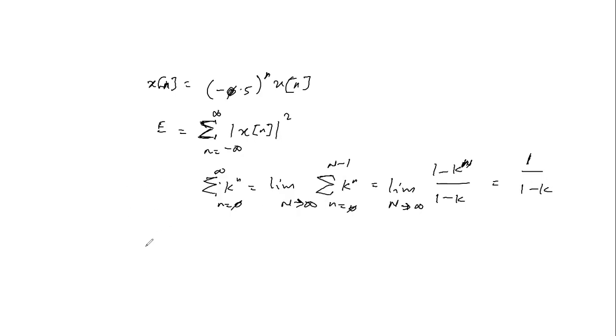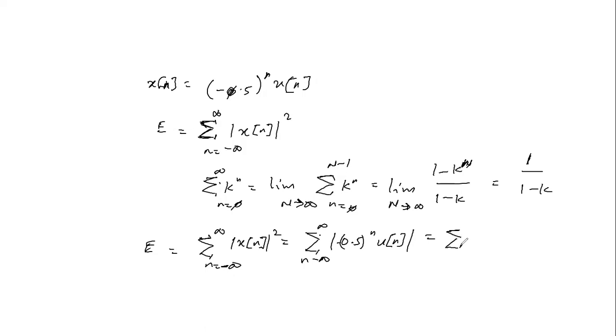So therefore, the total energy in this case is given as the summation of s of n squared, from negative infinity to infinity, of the mod of minus 0.5 to the n, which now gives us the summation taking n from 0 to infinity.